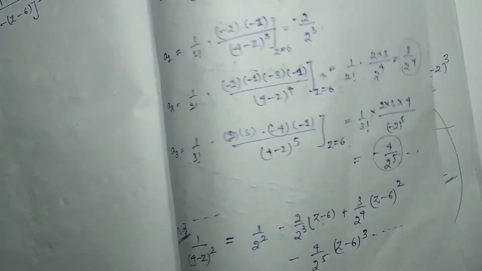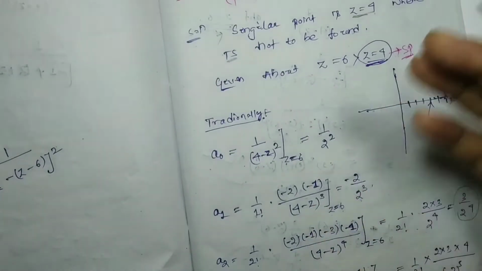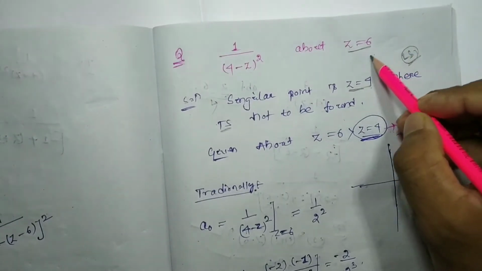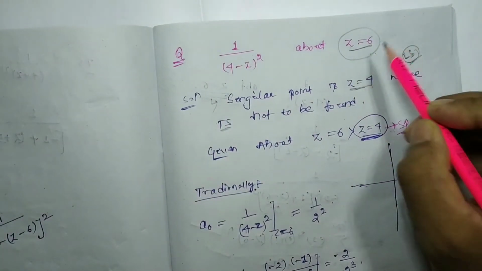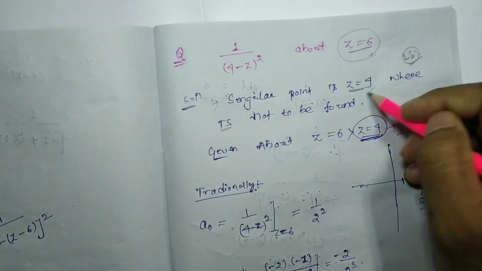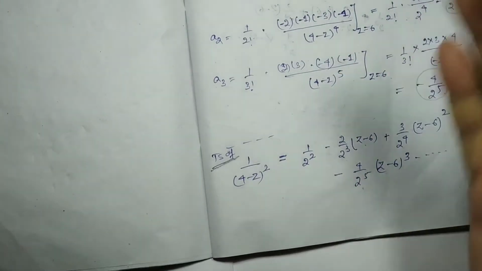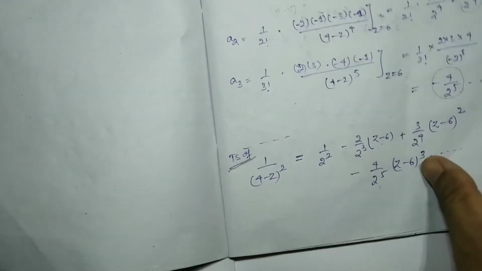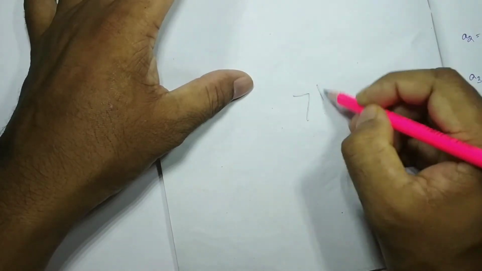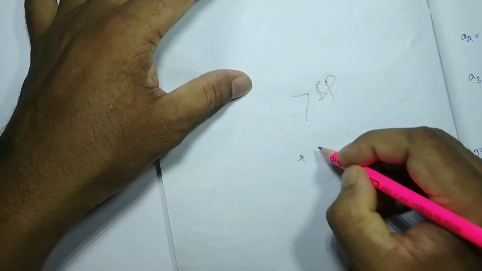But whenever we consider the point about which we have to find the Taylor series, if that point is greater than the singular point, then we find alternately positive, negative, positive, negative.